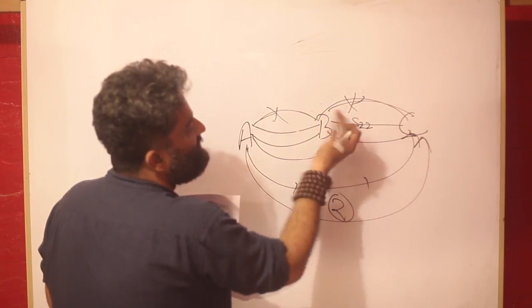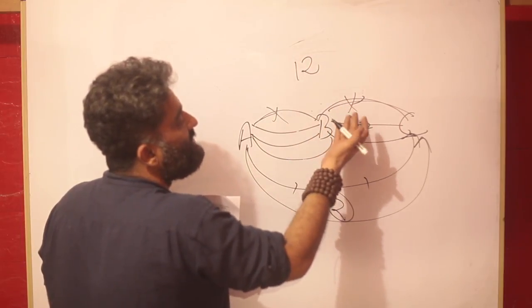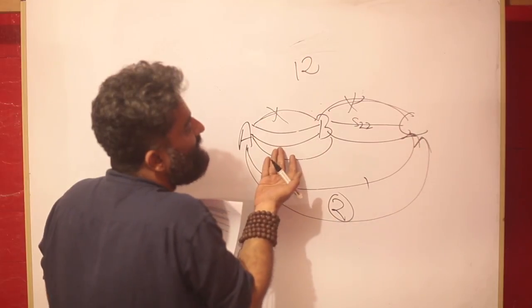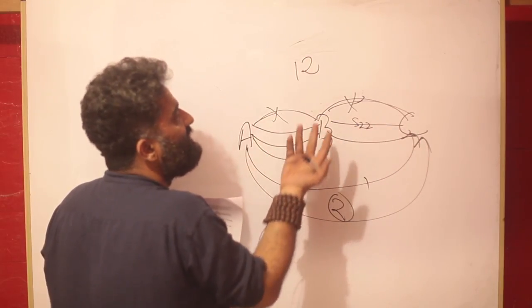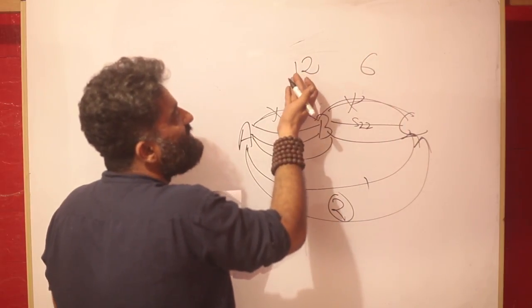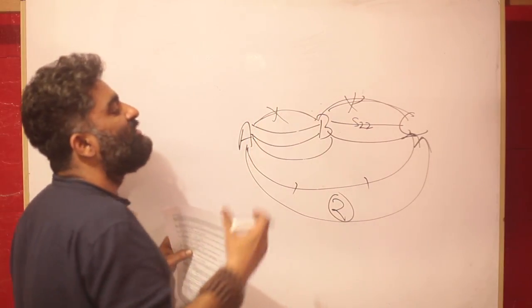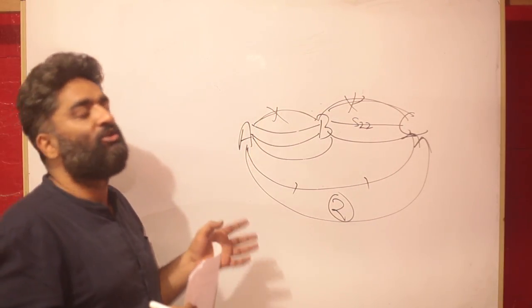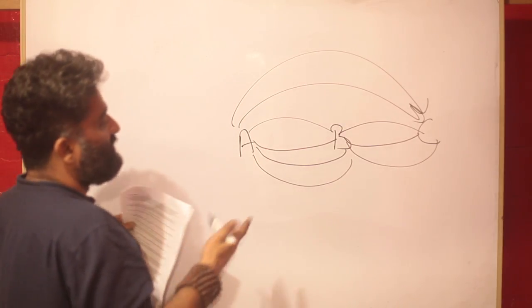I had counted these as 12 possible ways. How? 4 into 3. But now if I look at the coming back scenario, there are only 2 ways remaining and 3 ways remaining, and that means there are only 6 ways remaining. So the count is going from 12 to 6. So the logic that I had just used, that simply go from 14 to 13, is not going to work, right?